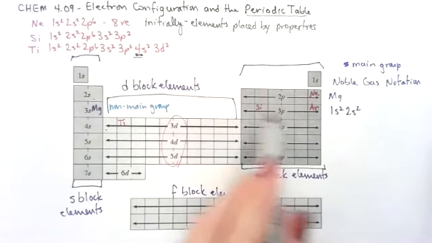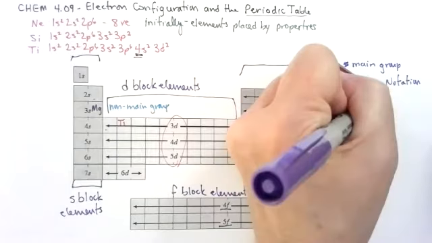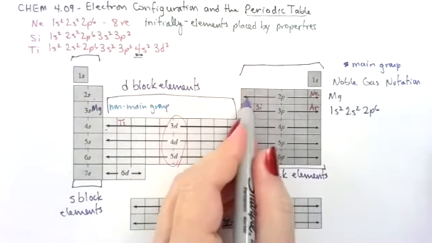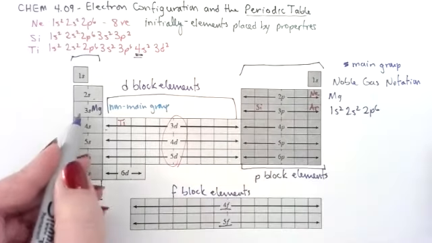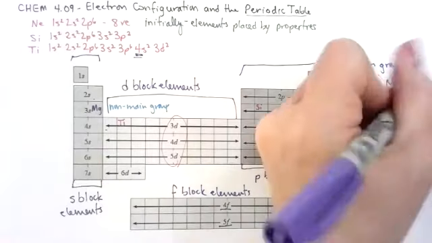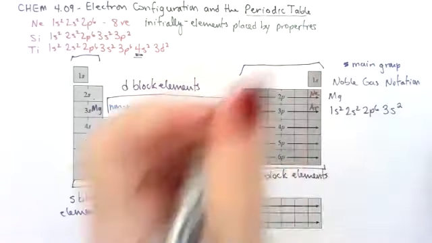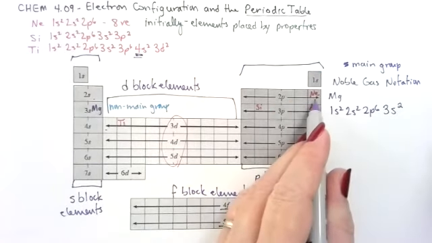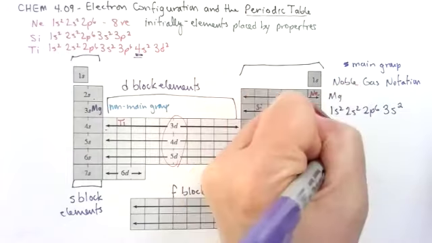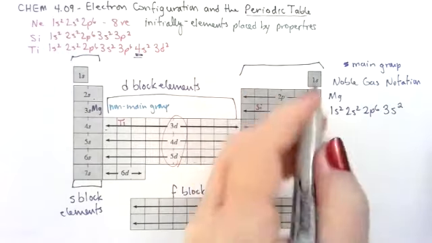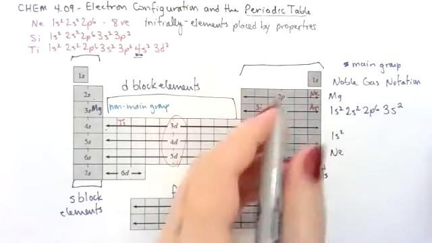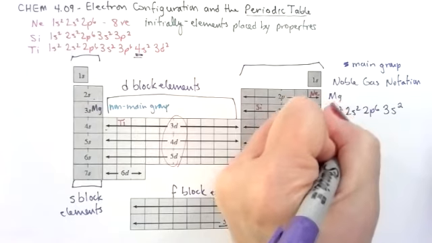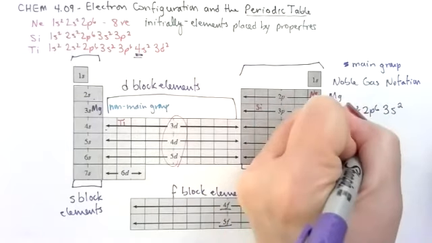I have 1s2, 2s2, then I'm going to fill 2p6, because I go 1, 2, 3, 4, 5, 6. And then for magnesium, I'm going to have 3s2. Well, let's compare that to neon. So neon is 1s2, and I come over and I do 2s2, and then I go 2p6.